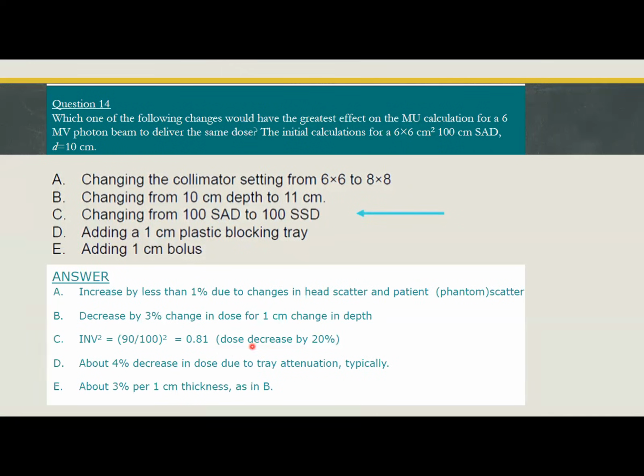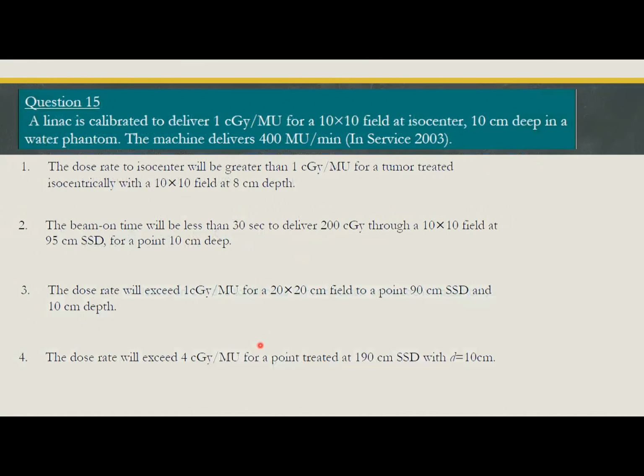What has to be prepared for that? A LINAC is calibrated to deliver 1 cGy per MU for a 10 by 10 field size at isocenter, 10 cm deep in a water phantom, and the machine delivers 400 MU per minute. The dose rate to isocenter will be greater than 1 cGy per MU for a tumor treated isocentrically at 10 cm depth.